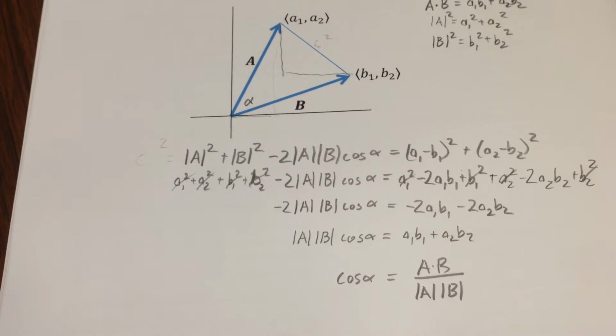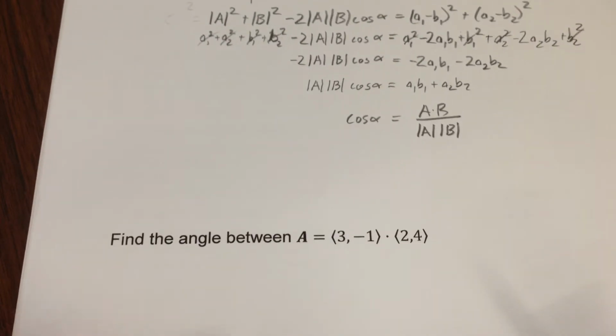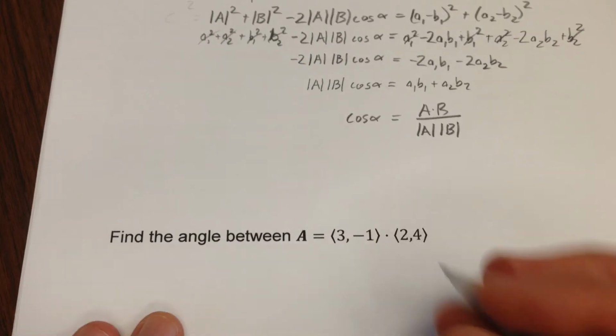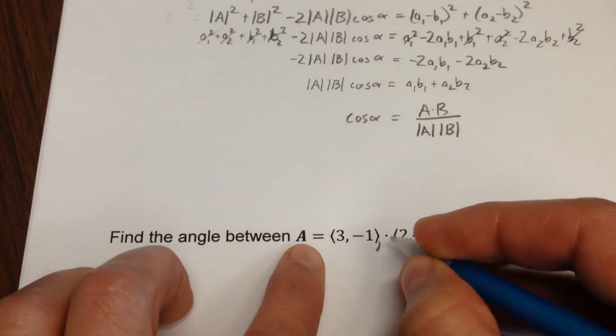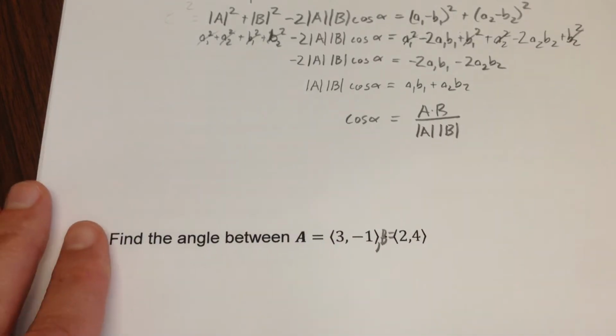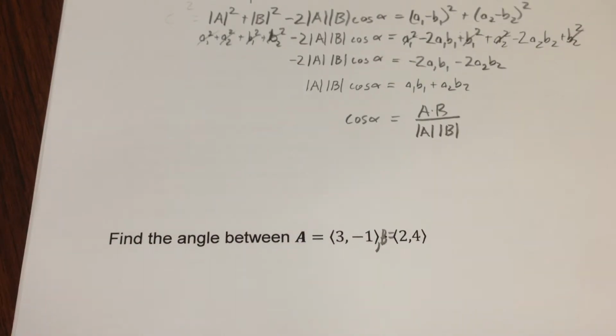Now, let's just finish this off by using that formula once. Let's find the angle between these two vectors. Oops, that has a little typo. Between the vector A, and let's call this the vector B. Okay? So, what's the angle between them?